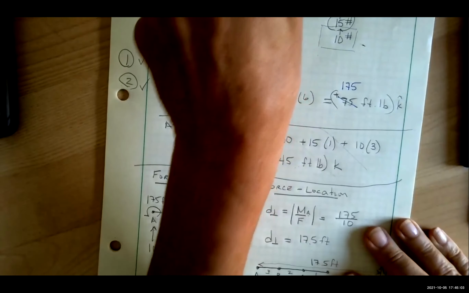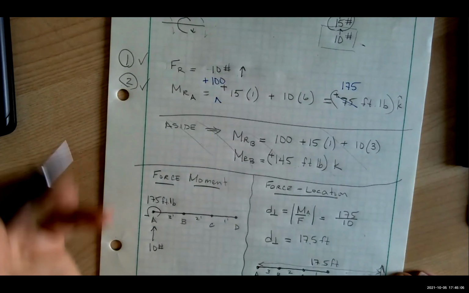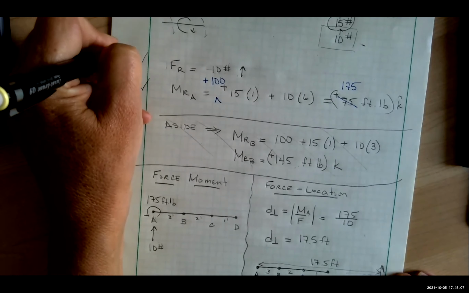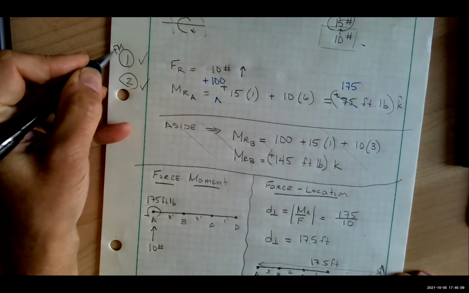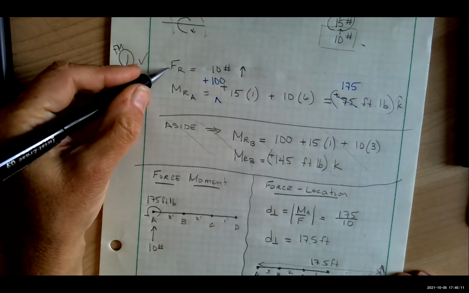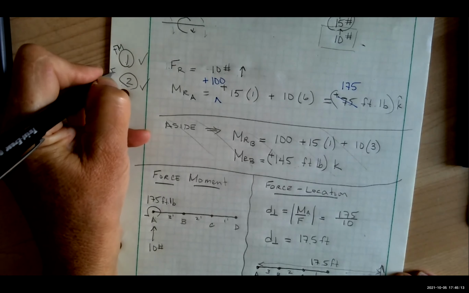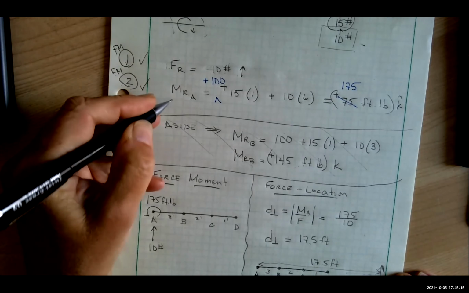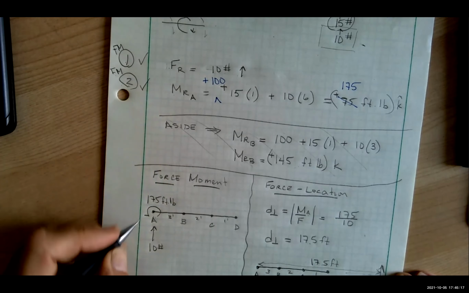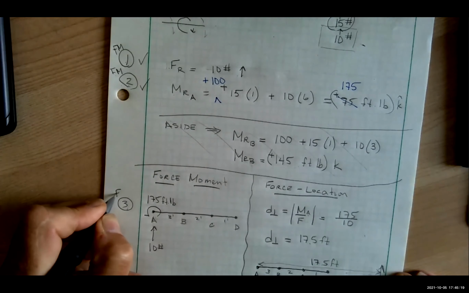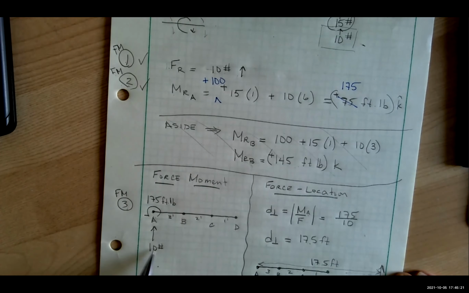So to sum it up, for a force moment problem, step 1 is find the resultant force. Step 2 is find the resultant moment. Step 3 is to draw the force and the moment.